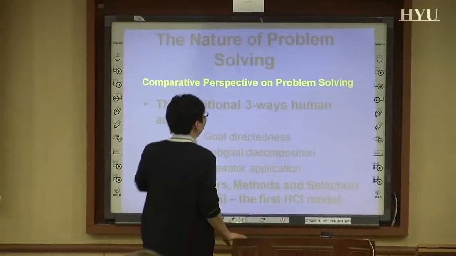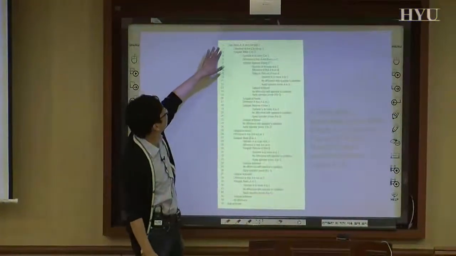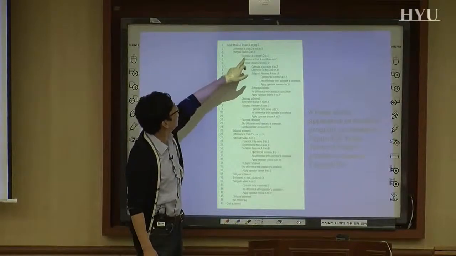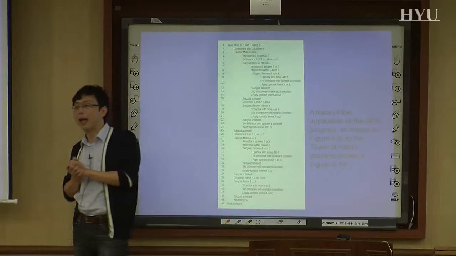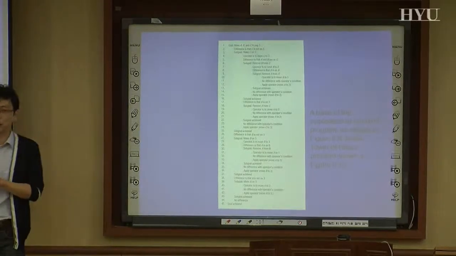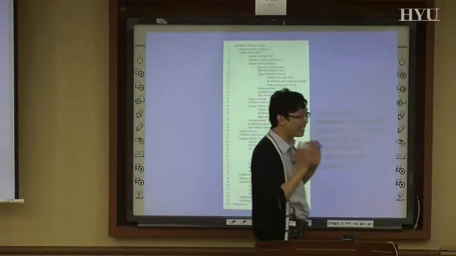Like this one. Okay, that is a different application and different problems, but likewise we have goal, sub-goal, and operators. Using this very simple model, they made the first HCI model called goals, operators, methods, and selection rules.